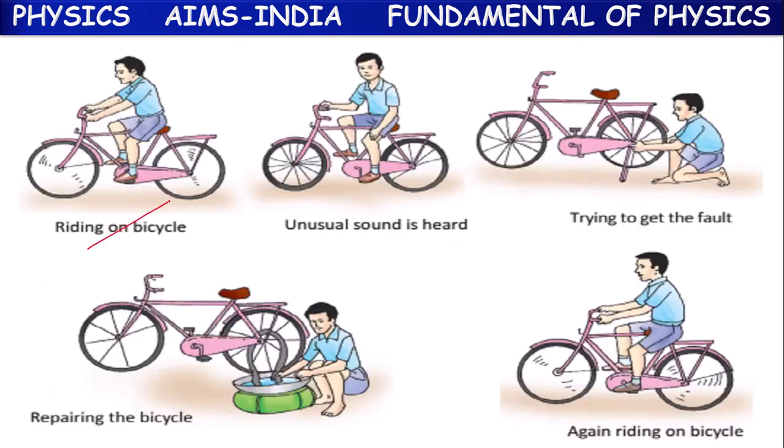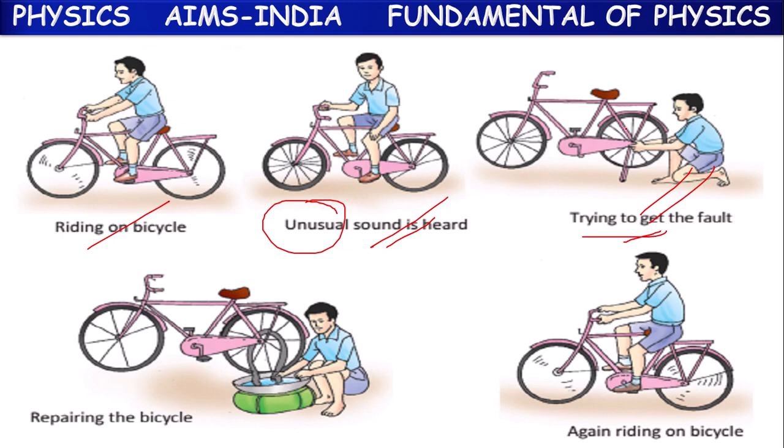Suppose you are riding a bicycle and some unusual sound is heard. You will get down off the bicycle and check from where the sound is coming, trying to find the fault, the reason behind the sound.